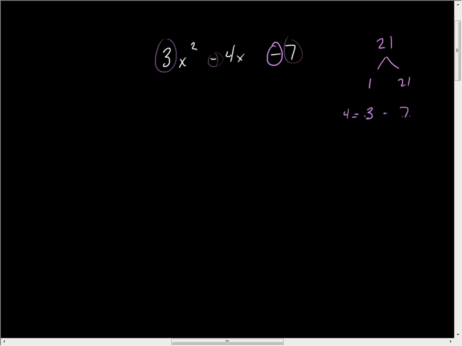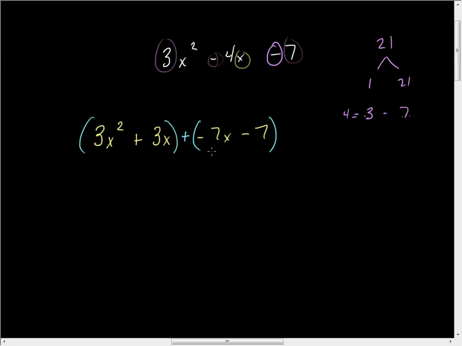And so if I rewrite this, then I say 3x squared plus 3x, remember we're always keeping the x, minus 7x minus 7. And I gather those up, signs and all, and put a plus sign in between.